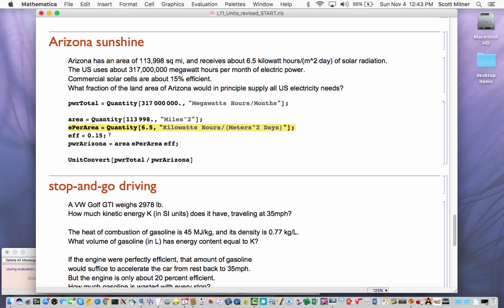The efficiency is 0.15. So the power, as it were, incident on all of Arizona is the area of Arizona times this power per area times the efficiency. And what we want is the ratio of the total power required to supply electricity to the entire U.S. divided by the total power incident on Arizona.